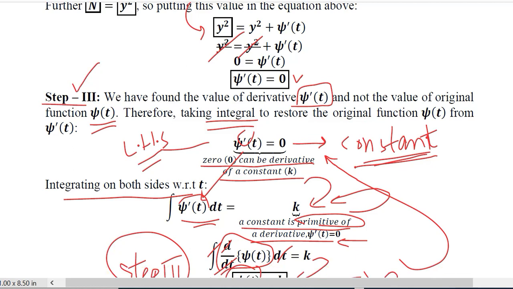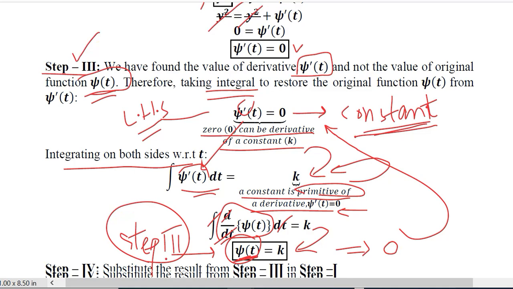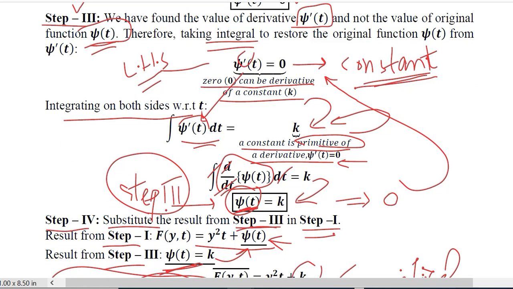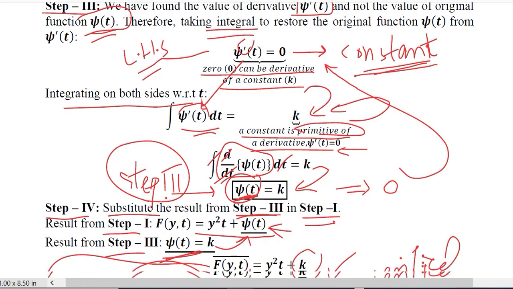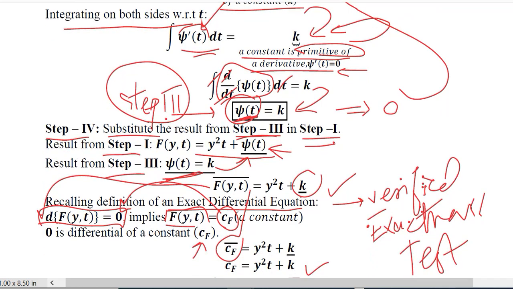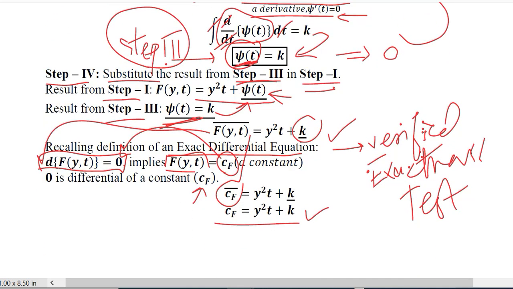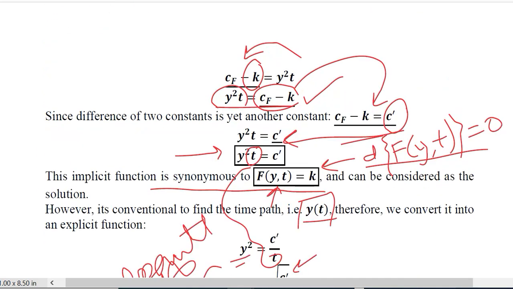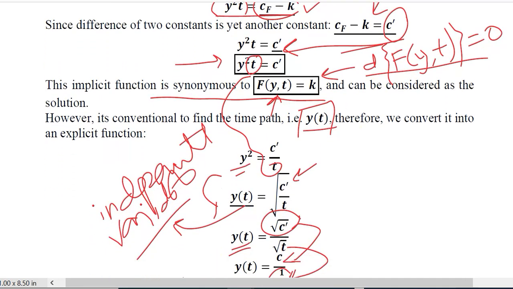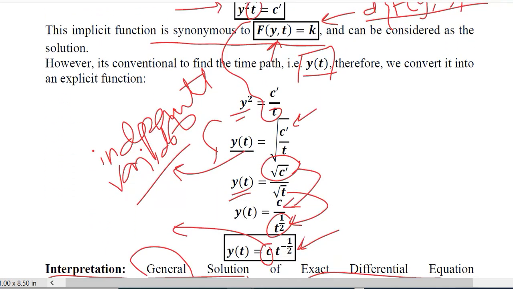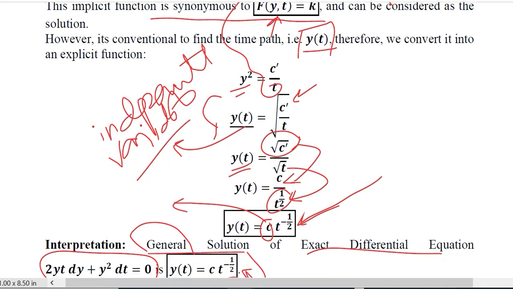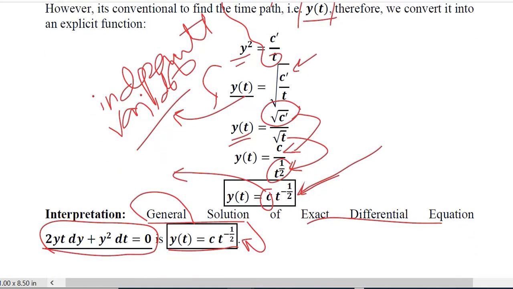From the first step we found a preliminary result. In the second step we introduced the value of n. In the third step we found the value of psi t, and in the fourth step we substituted the value of psi t to get the function and the solution, and then it was transformed into a specific time path form, which is the most ideal form that we are looking for, that is y in terms of t.